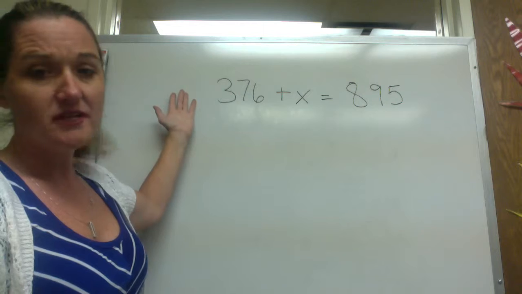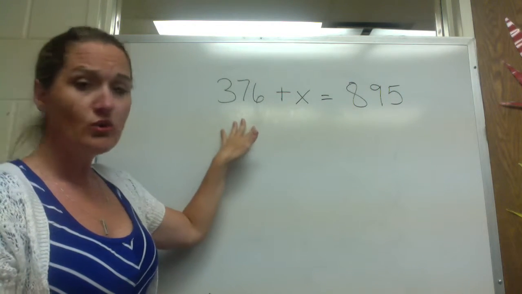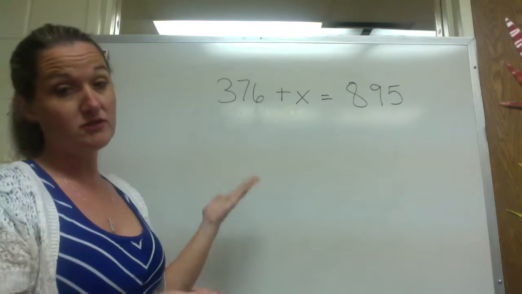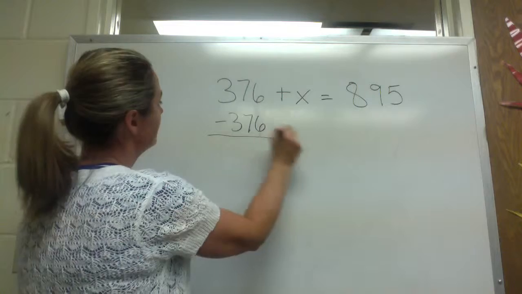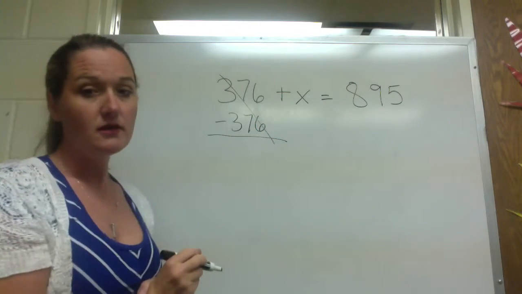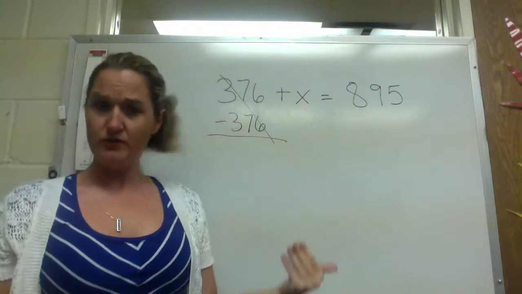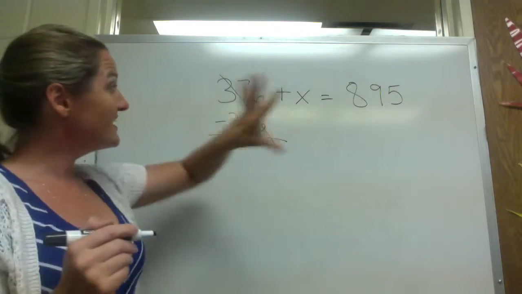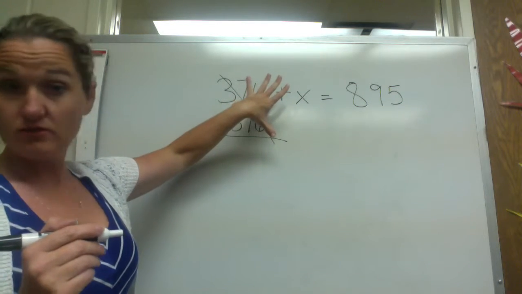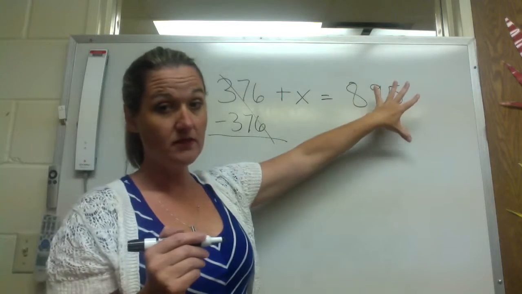Well, there's not a plus sign in front of it. We know it's a positive 376. So what would I need to do to get rid of this? I'm going to subtract it. 376. Poof, it's gone. Okay, but my equation is unbalanced, okay? You'll hear me refer to this several times. The golden rule of algebra is I can do whatever I want to a side of the equation as long as I do the exact same thing to the other side, okay?